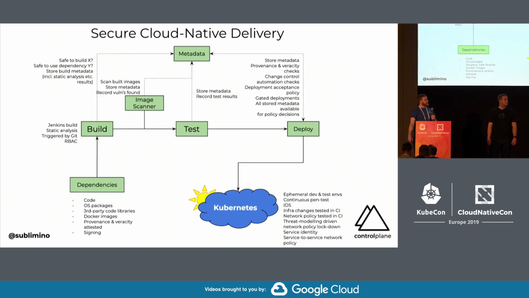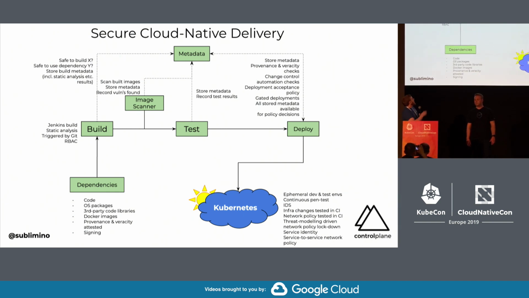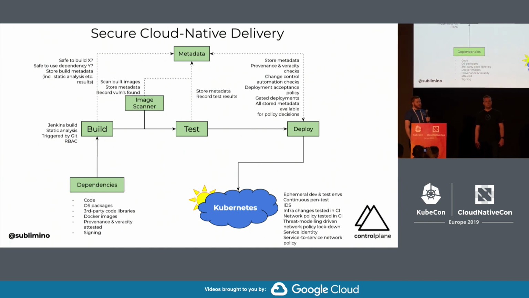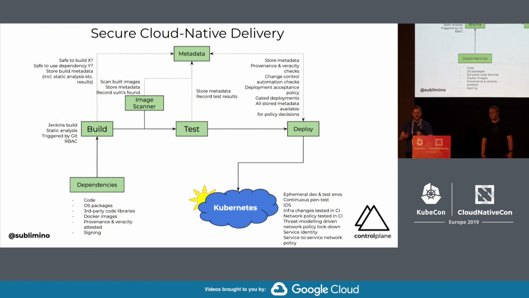So here is a very busy diagram of how at ControlPlane we try and view the cloud native delivery pipeline. This is a little bit oversimplified. We aren't talking about environments here. We don't worry too much about dependencies, but the big key here is that we've got assurance at every stage that what we're building is secure, it's what we tried to build, and it's what we're going to deploy.